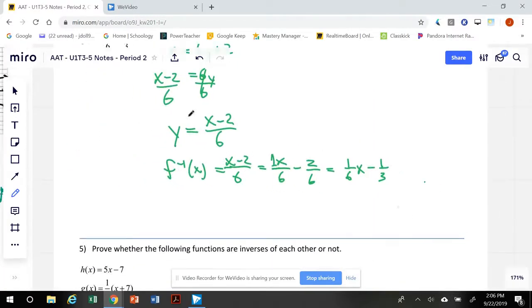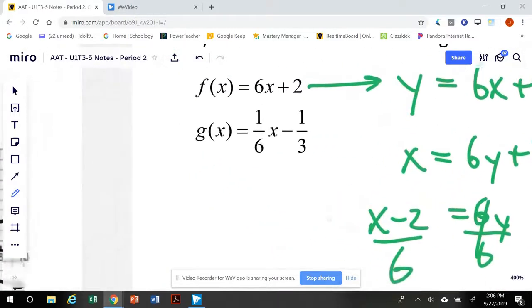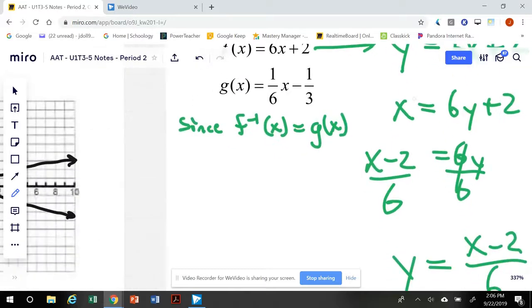So you can see that the inverse of f of x is actually the identical equation that we have for g of x. So since f inverse of x is equal to g of x, they're the same equation. That means f of x, the original function, and g of x are inverses.